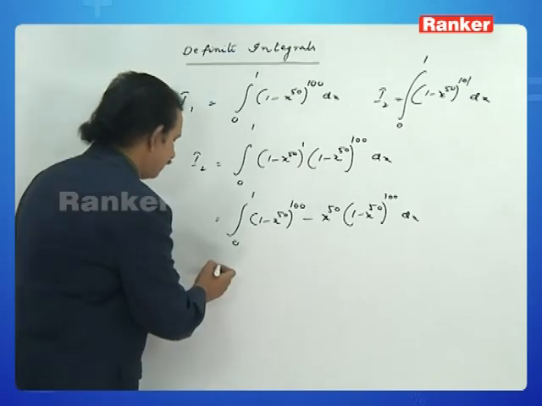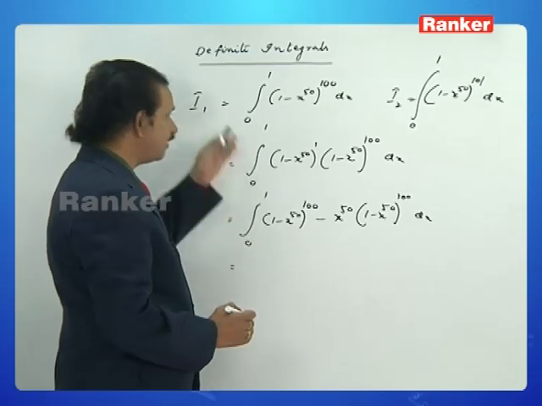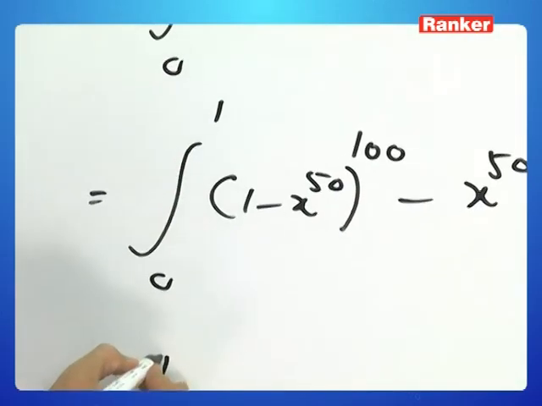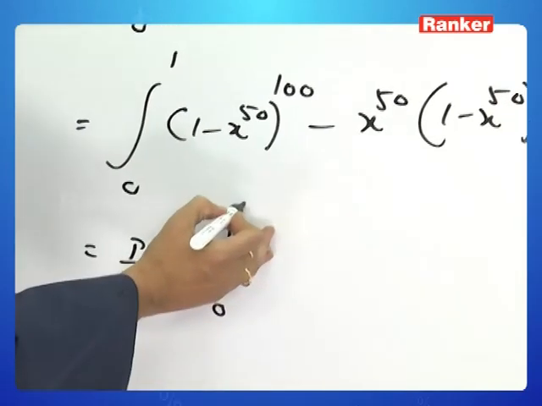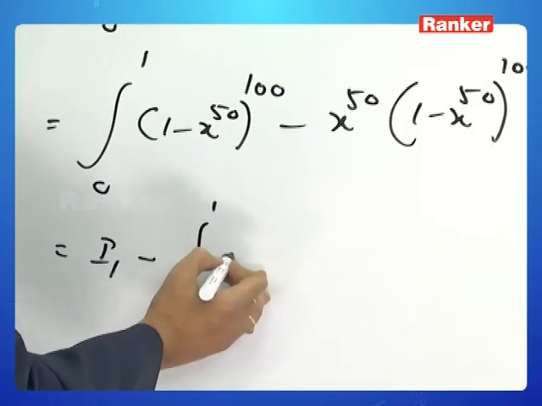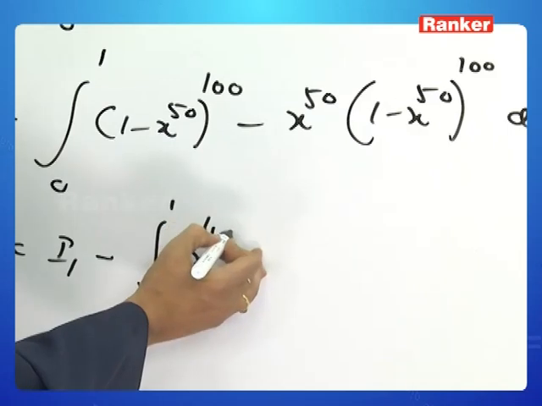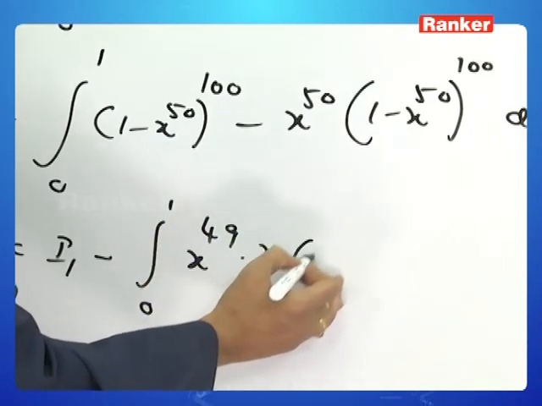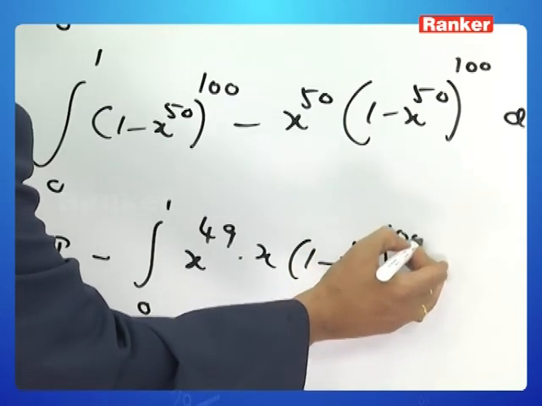Well done. What is this first part? Is it not I1? Therefore, this is I1 minus integral 0 to 1 of x to the power of 49 into x into (1 minus x to the power of 50) whole to the power of 100 dx.